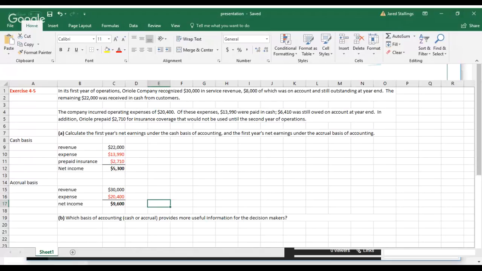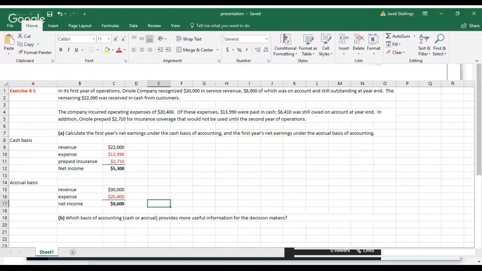In addition, Oriole prepaid $2,710 for insurance coverage that will not be used until the second year of operations. This one kind of tripped me up a little bit. We paid $2,710, so that's cash that went out this year, so that needs to be subtracted out in the cash basis. But the insurance coverage would not be used until the second year of operations, so we're not really even covered.